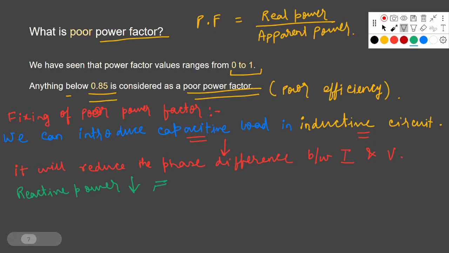It implies that the apparent power, which is the sum of real power and reactive power, will also decrease, resulting in the power factor to increase, as apparent power is in the denominator here. Clear? This is one method. There are many other methods, but generally for beginners we can stick to this one method.